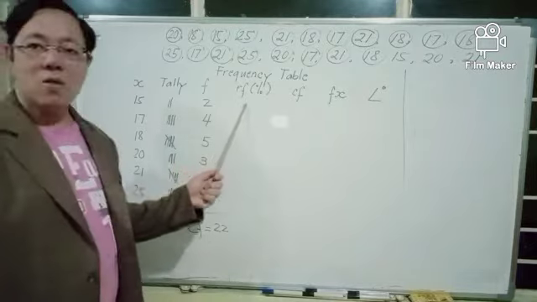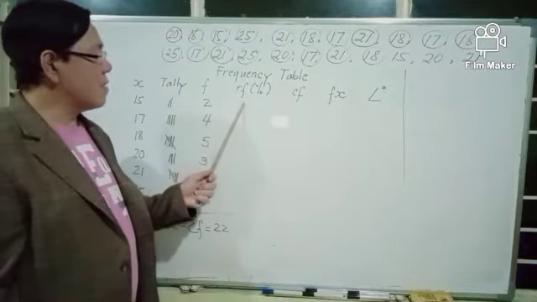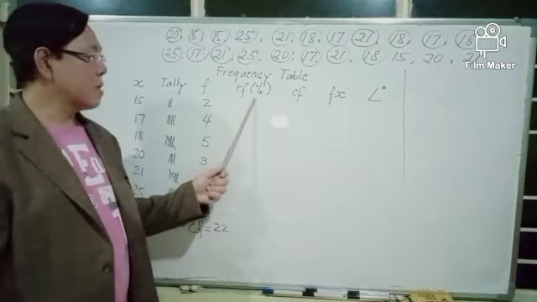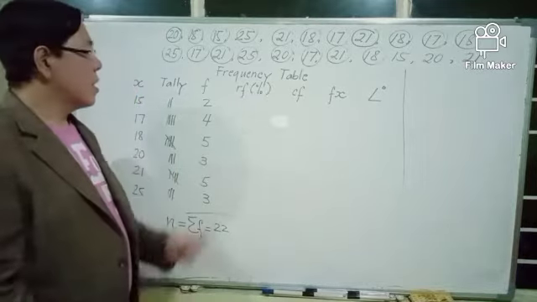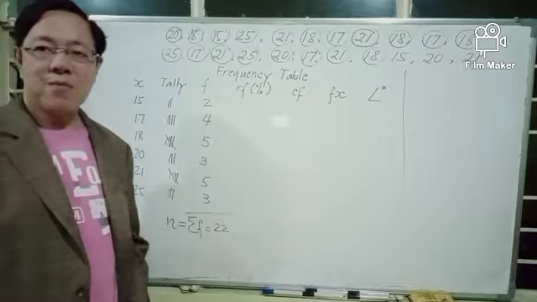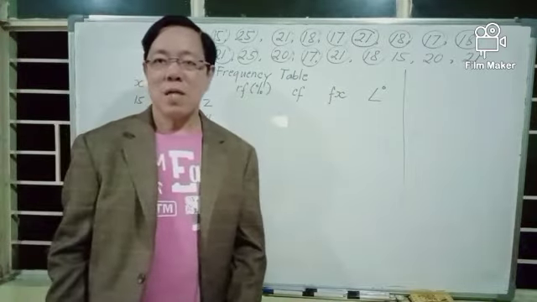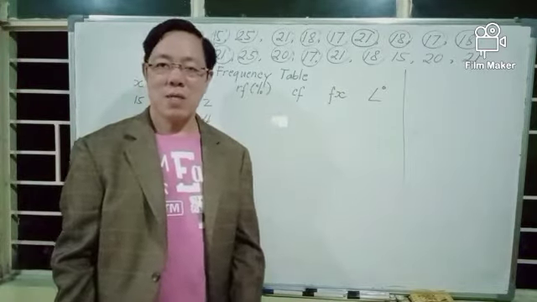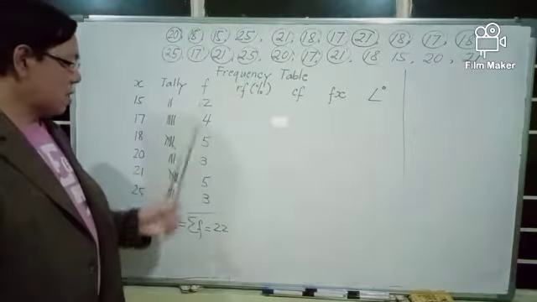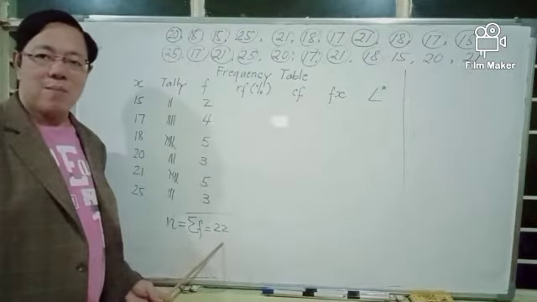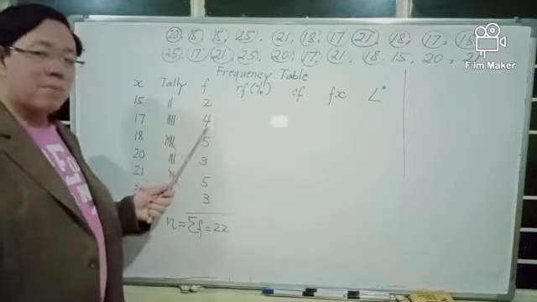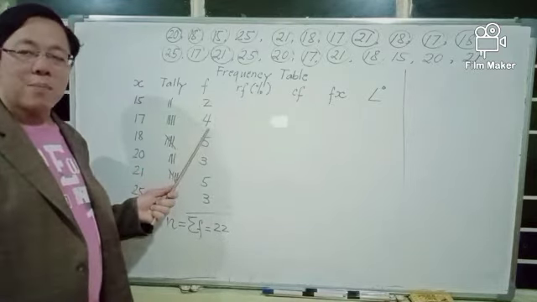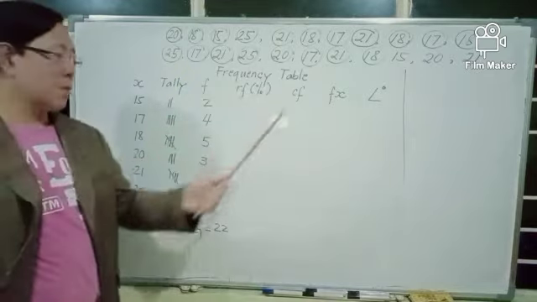The next column is the RF column, in percentage, and RF stands for relative frequency. Now the relative frequency expresses each frequency as a percentage of the sample size. Again, frequency F indicates the number of times that a score appears in the distribution of scores.